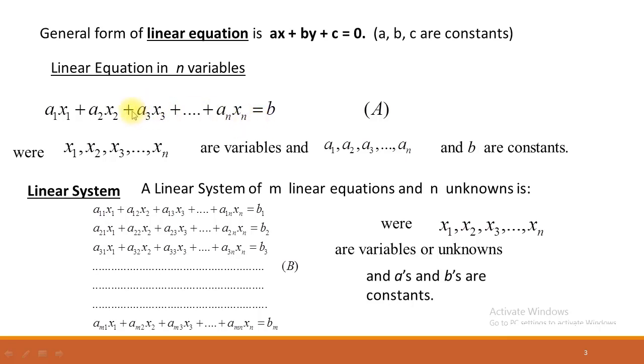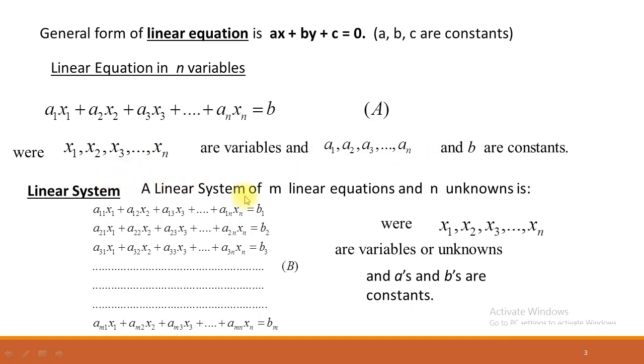In this equation there are n variables, n unknowns, which are x1, x2, x3 up to xn. x1, x2, x3 up to xn are variables or unknowns, and a1, a2, a3 up to an and b are constants.